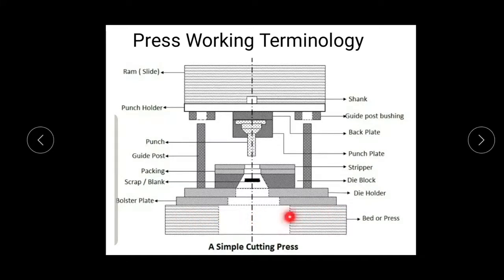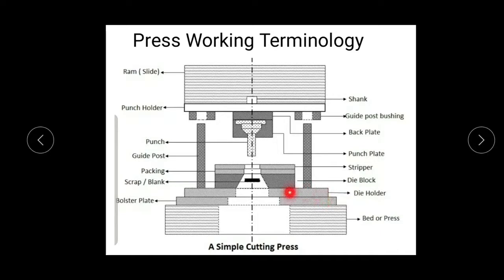It has more compressive strength. It also absorbs the shock on which the bolster plate is mounted. What is this bolster plate? This is a thick plate secured to the bed which is used for supporting and locating the die set.